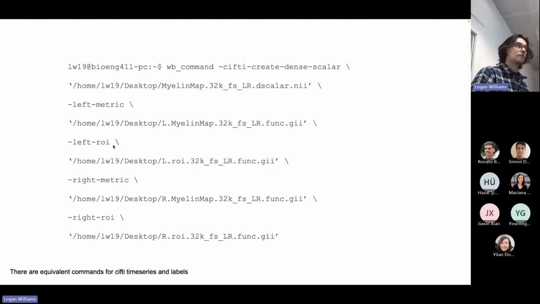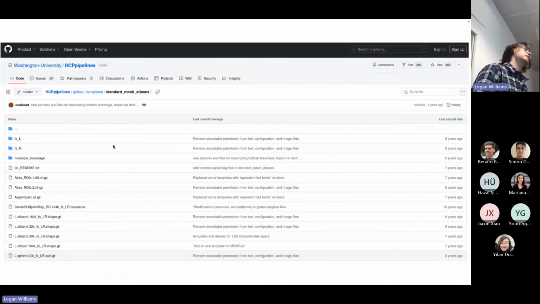The left ROI and right ROI can be, for adults anyway, downloaded from the HCP GitHub. If you navigate to global templates and standard meshes, this is where you'll find all of your standard spheres: 32k, 59k, 164k. You'll also find things like the different myelin map and sulcal depth templates, some cortical masks, etc. So this is what is used for adults.